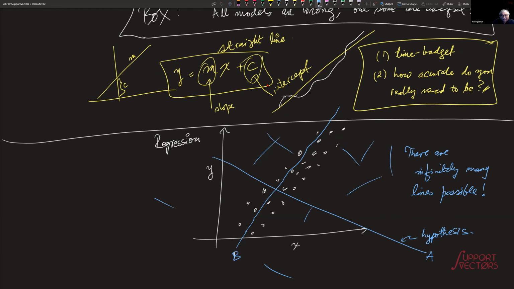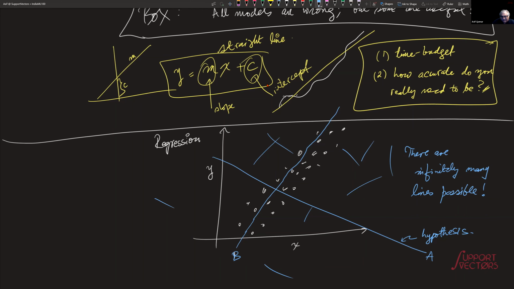So now what we need is a measurable way to tell if a line is better than the other. Remember that we are not searching for the correct answer, Manasa. We are searching for a model that is better, right? So think of it as the one-eyed amongst the blind.